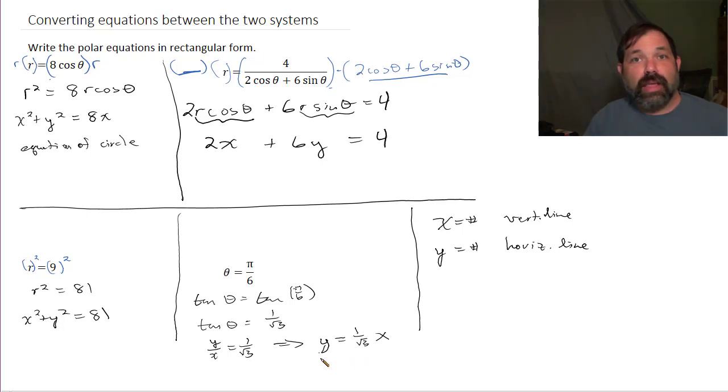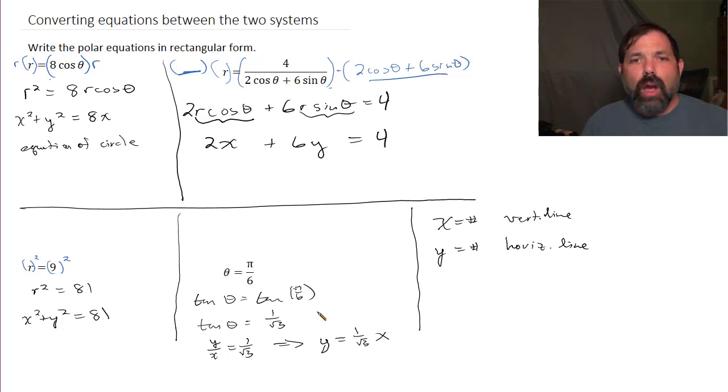That's a line through the origin with slope 1 over root 3. All right, so if we have just theta equals an angle, we get the line of the form y equals the tangent of that theta as the slope times x. So those are a couple of special forms that we should be aware of.